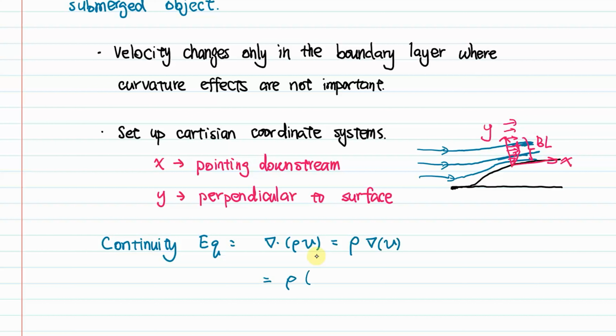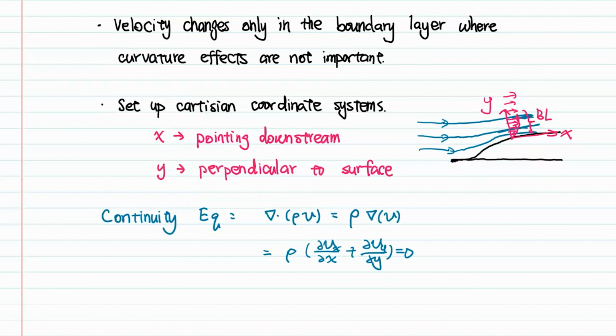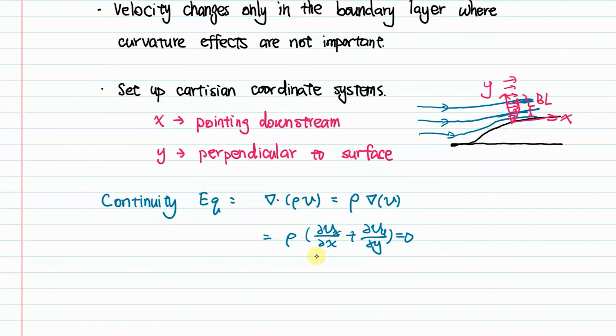So it's going to be rho times partial vx partial x plus partial vy partial y equals 0. So the equation of continuity just says that partial vx partial x plus partial vy partial y equals 0.